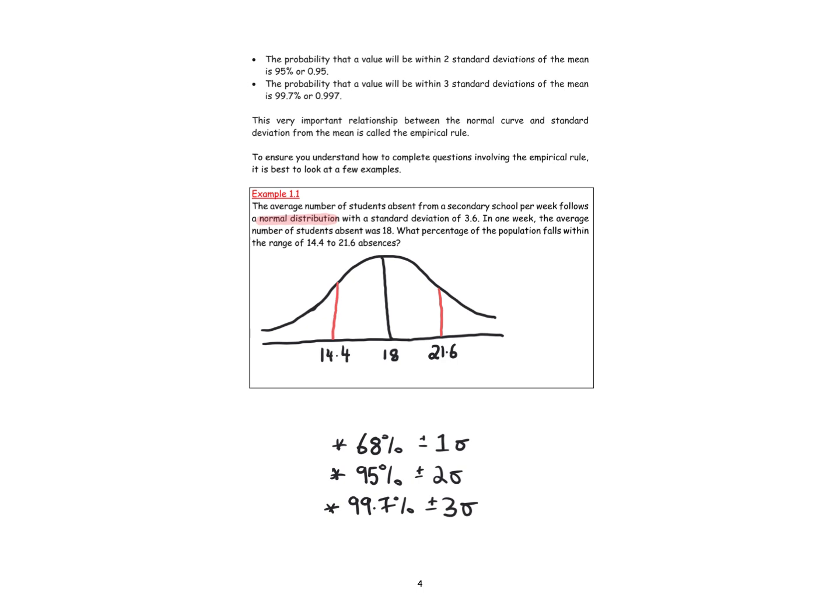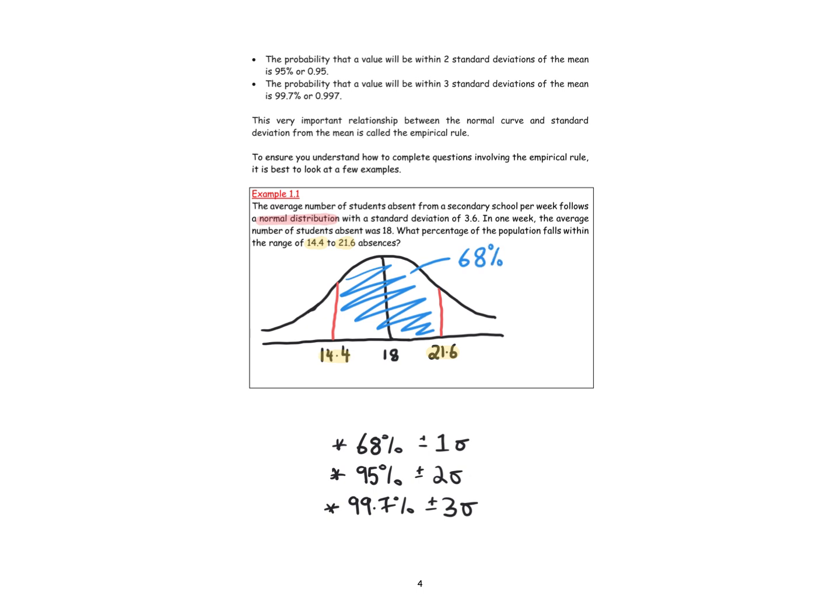I hope that you can notice here that we're looking for the numbers 14.4 and 21.6. We've already calculated those by just adding 1 standard deviation to the mean and taking away 1 standard deviation from the mean. What that means is underneath the curve where I'm drawing in the blue, between 14.4 and 21.6, 68% of the data lies.